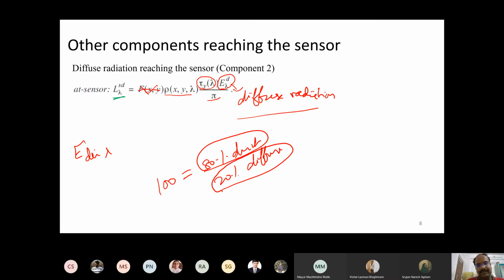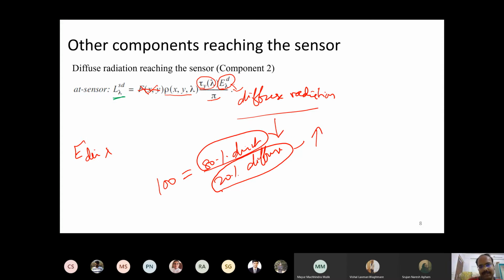One thing you have to remember is the surface reflected diffuse skylight component will be a small fraction of the direct component, if the sky is really clear. On the other hand, if the sky is totally overcast, there is no direct radiation, everything is diffuse, so this component will increase drastically and the direct component will come down drastically.